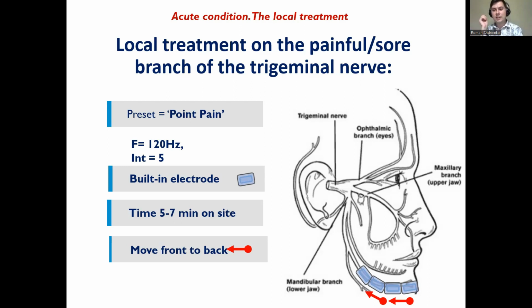Usually we stay there and don't move, but this is one of the exceptions when we can move around the chin, along the mandibular branch, and stay there with the point pain preset. So sometimes you may move in point pain.